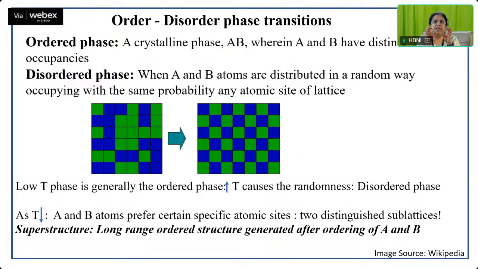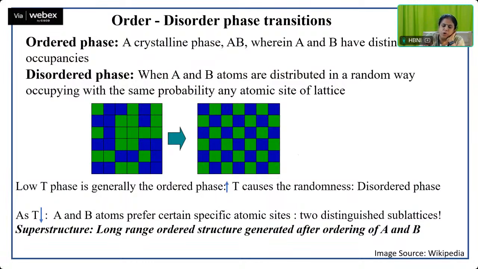If you have a crystalline phase AB, where A and B have got distinct site occupancies, what it means is that if I point at a particular lattice site, I should be able to say that this site is occupied by A or this site is occupied by B. Then that structure is called an ordered structure.